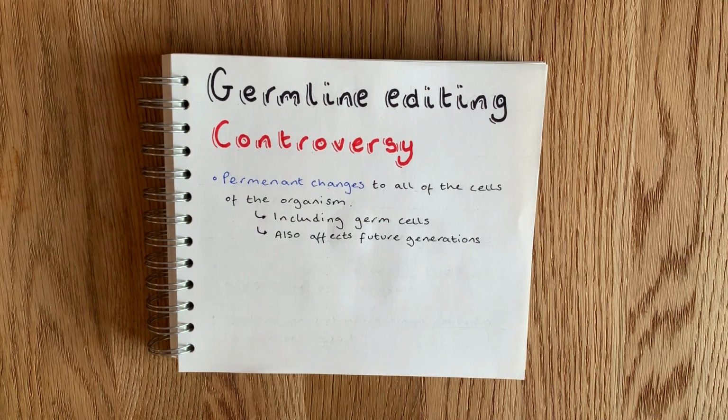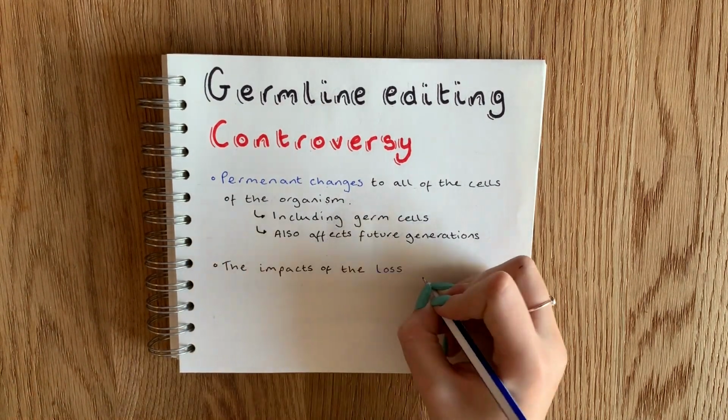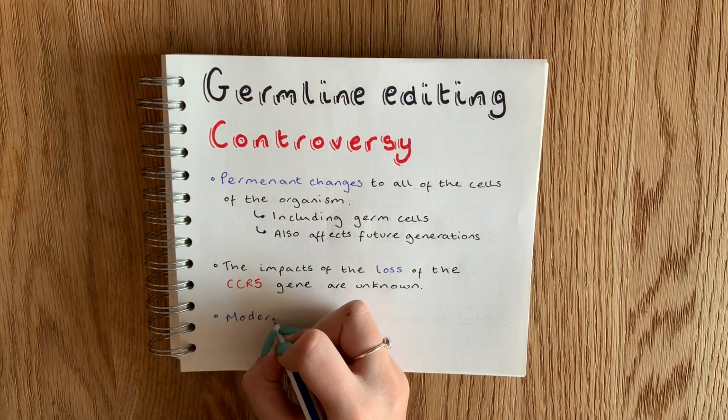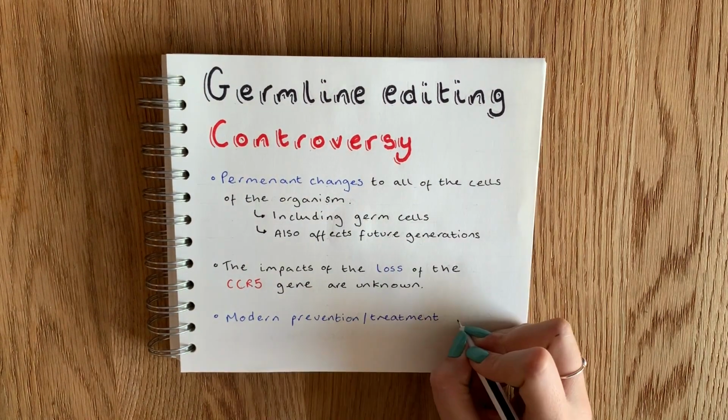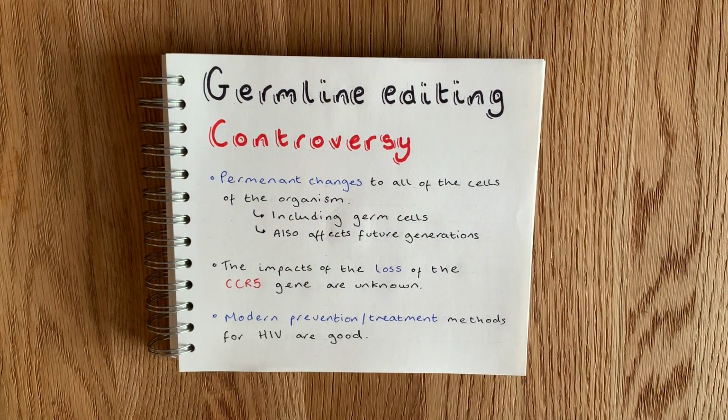And it's also actually completely unknown what the consequences of the loss of CCR5 will be. So this chemokine receptor may be important in other roles, and therefore the loss of it might actually be damaging to the twins. And today there are actually many other ways to prevent people from contracting HIV, or even treatments of people that have already got HIV. So such a drastic procedure seems kind of unnecessary.